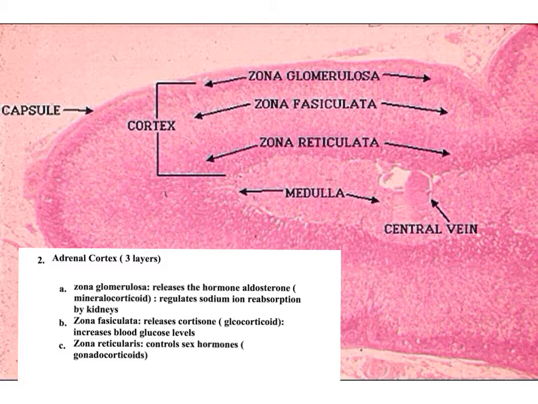Here we would have a decrease in protein, we would have wasting of the muscles and loss of bone tissue, the blood glucose would be elevated, they may have puffy skin due to water retention, high levels of sodium, fat deposits between the shoulders and in the face, making an appearance like a buffalo hump or a moon face, spindly arms and legs, and they would have poor wound healing.